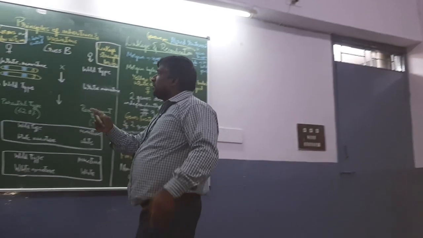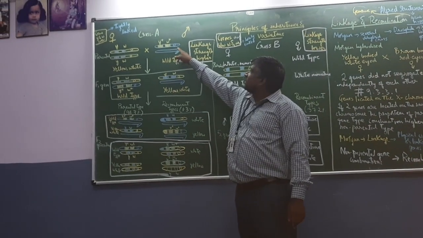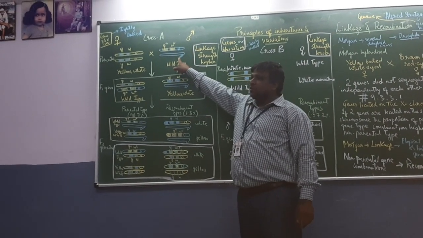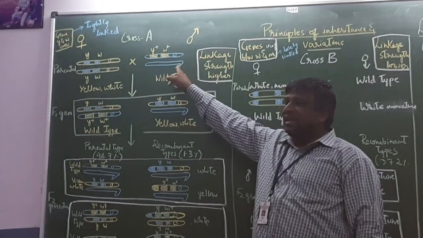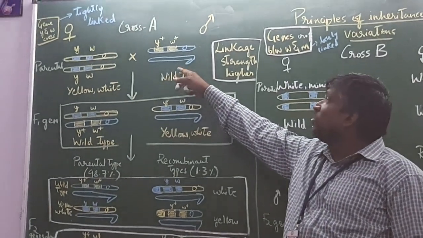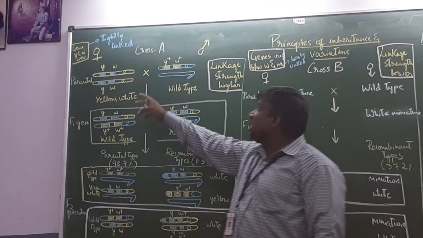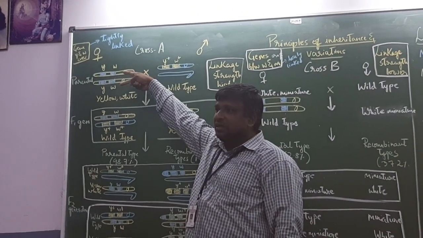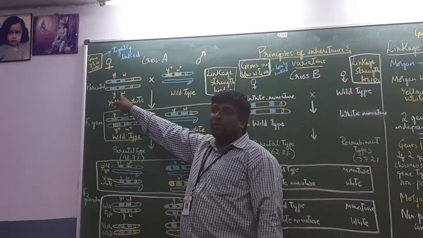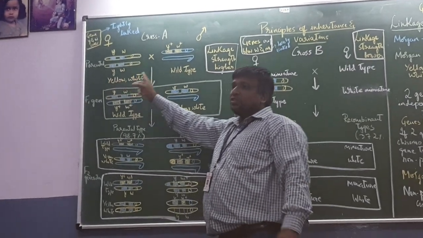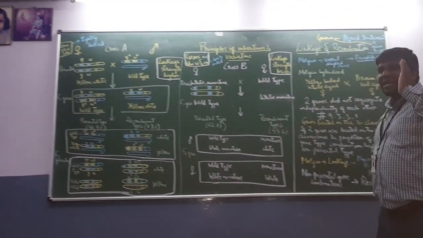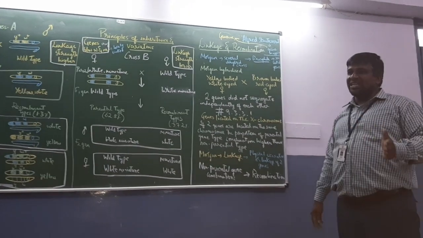Now if this symbol indicates the X chromosome, this is the Y chromosome. Maybe we would have put a small elongation to indicate the Y chromosome. Y chromosomes do not have this because this is X-linked inheritance. Females have two X chromosomes, so they have both genes, y and w, y and w. That is one aspect you have to remember regarding last year's concept of genetic recombination.